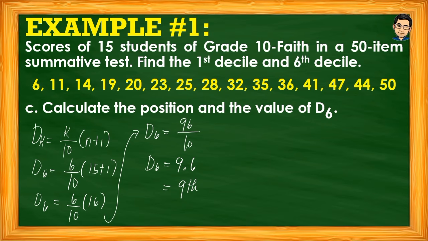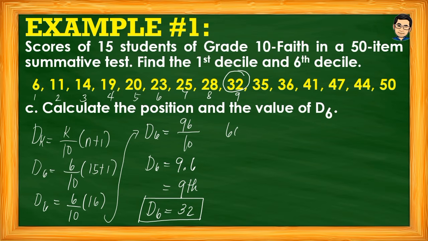So, magbibilang tayo dito. 1, 2, 3, 4, 5, 6, 7, 8, 9. So, yan po yung pang-9th na score, which is 32. Therefore, the value of D sub 6 is 32. So, how are we going to interpret the result?